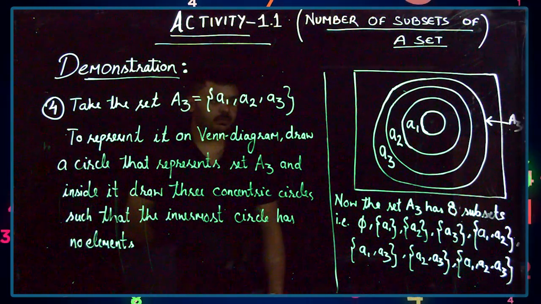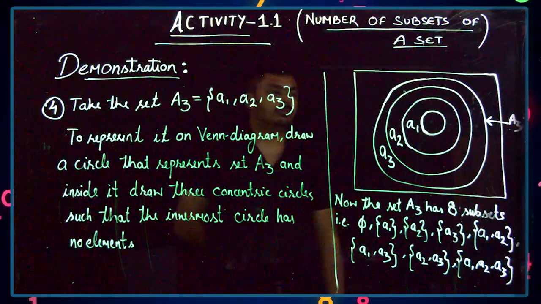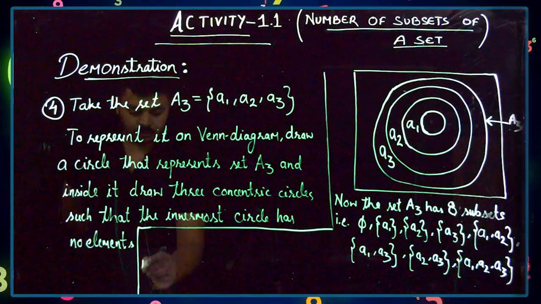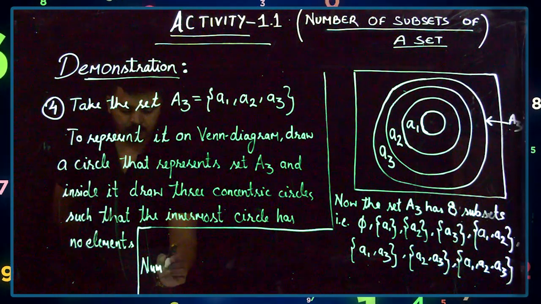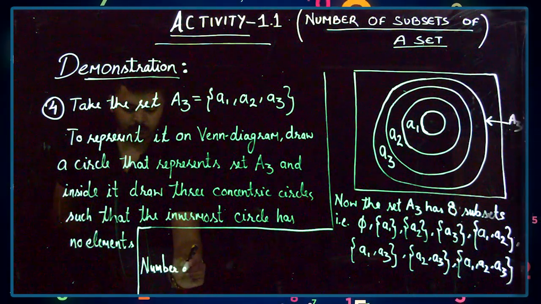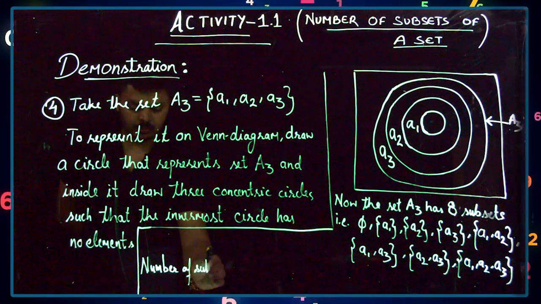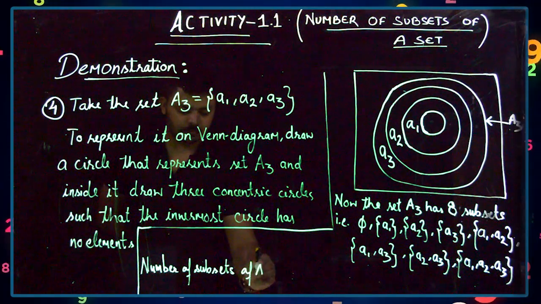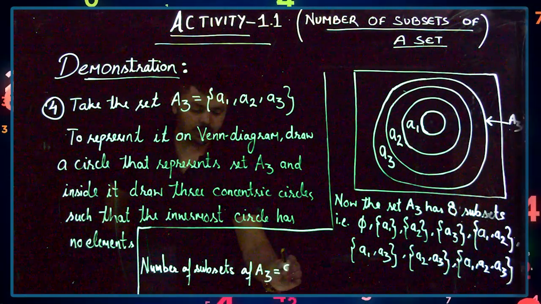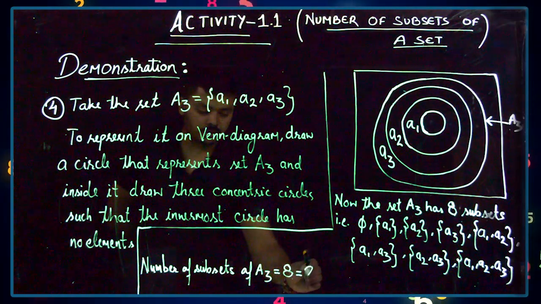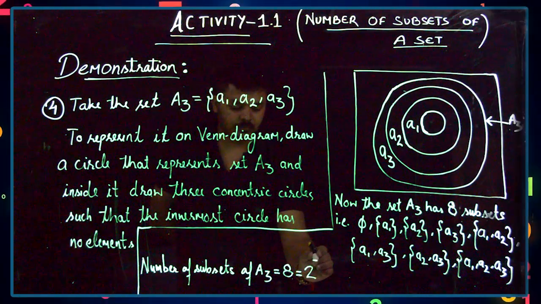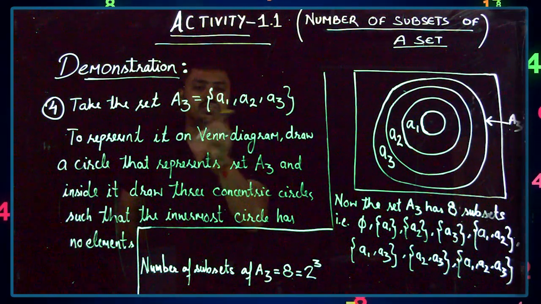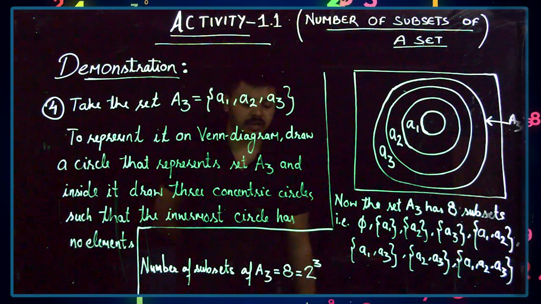So these are the 8 subsets that have been formed from the set A3 that has 3 elements. So the number of subsets of A3 equals 8, that is 2 to the power 3. 3 is the number of elements, that is 1, 2, 3. So A3 has 3 elements, so 2 to the power 3, that is 8 subsets.